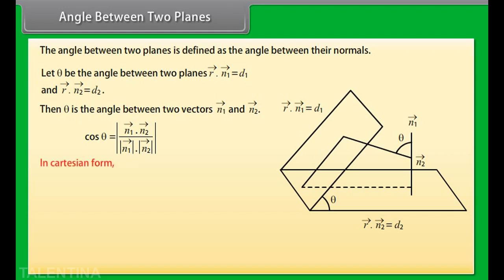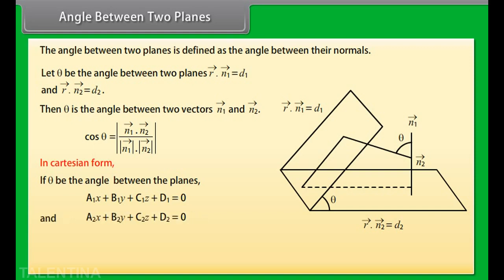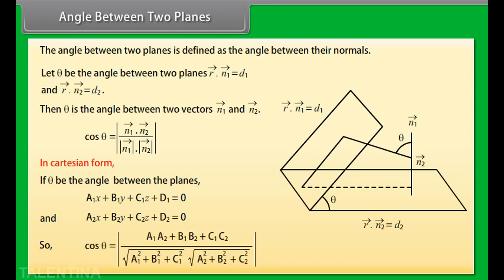In Cartesian form, if theta is the angle between two planes a1x plus b1y plus c1z plus d1 equals 0 and a2x plus b2y plus c2z plus d2 equals 0, then cos theta equals the modulus of a1 a2 plus b1 b2 plus c1 c2 divided by the square root of a1 square plus b1 square plus c1 square into the square root of a2 square plus b2 square plus c2 square.